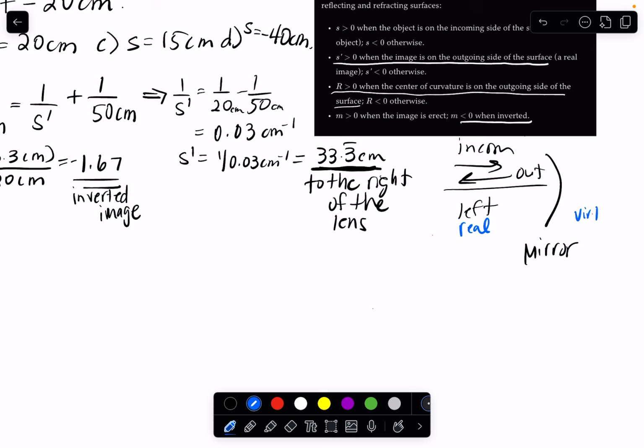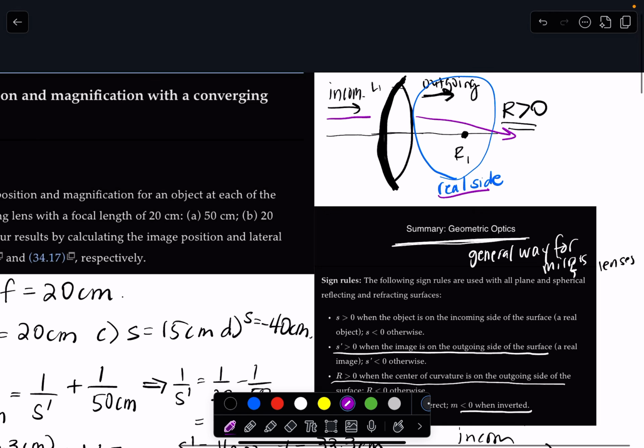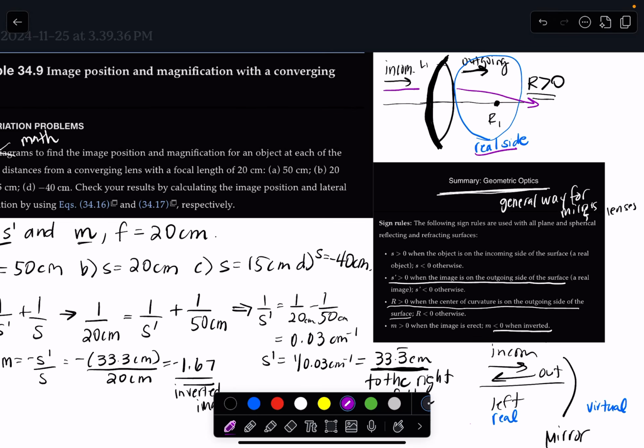The virtual side of a mirror is behind the mirror, where the light rays don't actually physically go. The light rays reflect off the surface of the mirror and come back out. But for a lens, we expect the light rays to go straight through. So the real side is the right side of the lens, and the virtual side would be if the image somehow ended up over here on the left, which does happen.